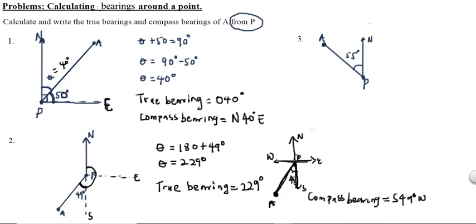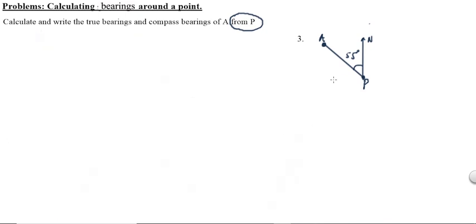Let's look at example 3. Now for question number 3, we are given the bearing of A from P as 55 degrees in this direction. To find our true bearing, remember we need to calculate the angle in a clockwise direction from the north to the line joining P and A. If this angle is 55 degrees, let's call the angle outside of it theta.